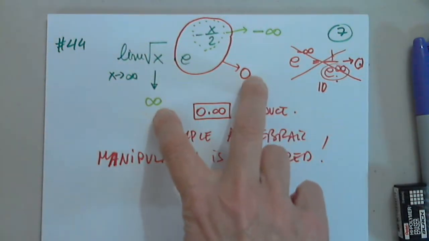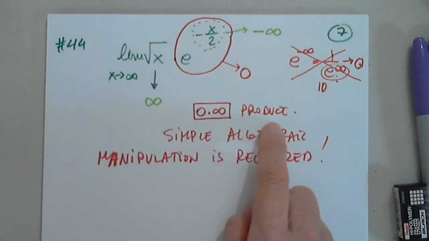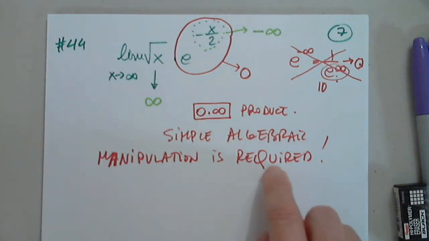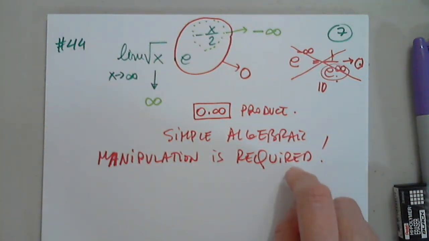I realize that this is 0 times infinity. I know this is the only indeterminate product. A simple algebraic manipulation will normally do the trick.